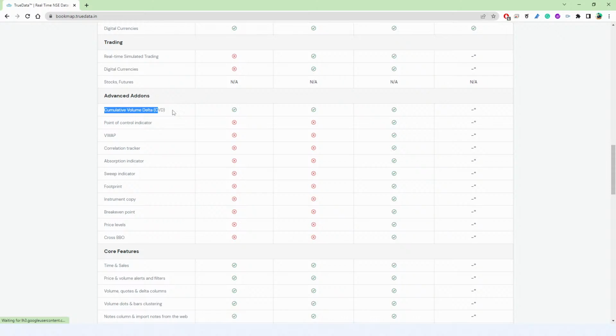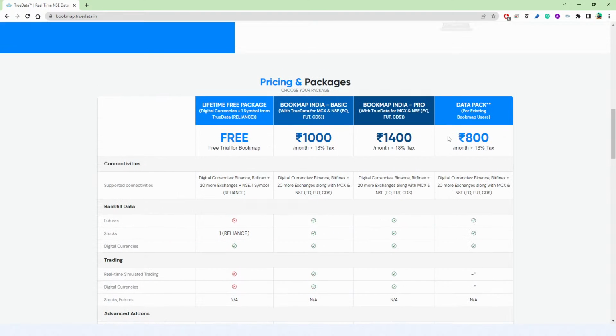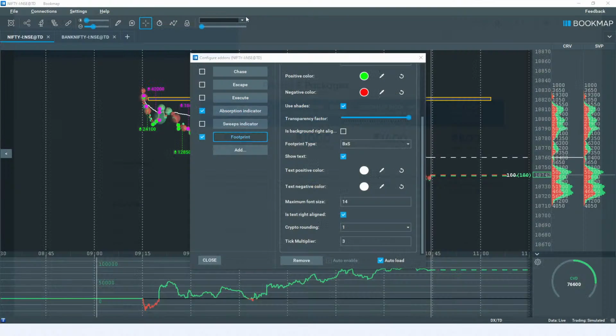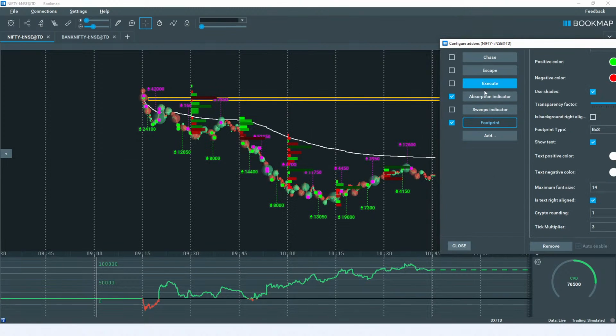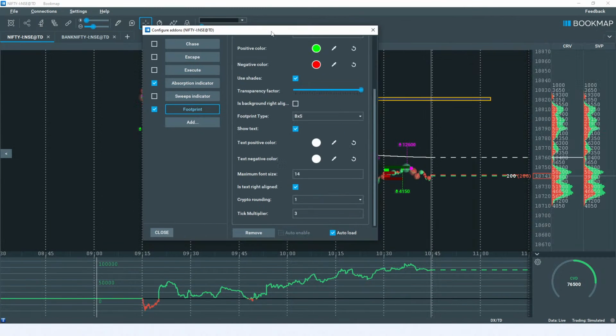In that we have discussed the cumulative volume delta, point of control, VWAP, absorption indicator, and footprint charts. All these are the different add-ons or indicators that you get along with the pro version for MCX, NSE, equity, futures, CDS. Any data you can plot, and you can plot the information of all these order flow data.